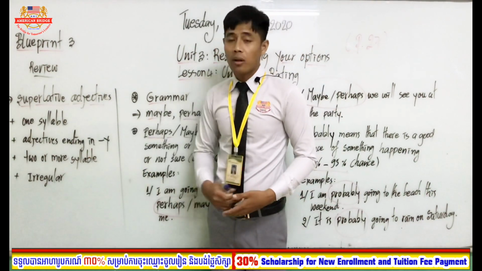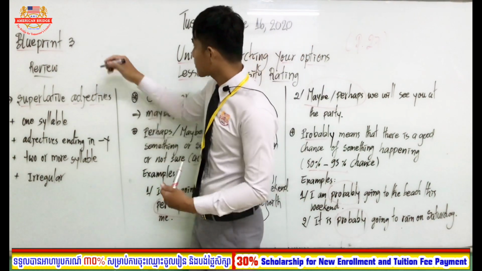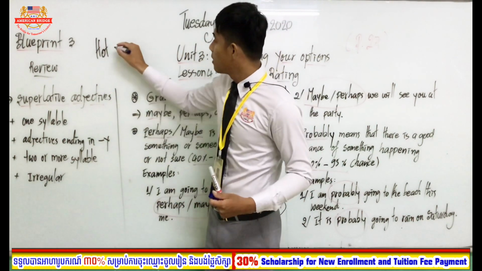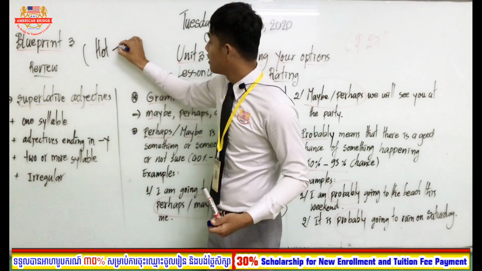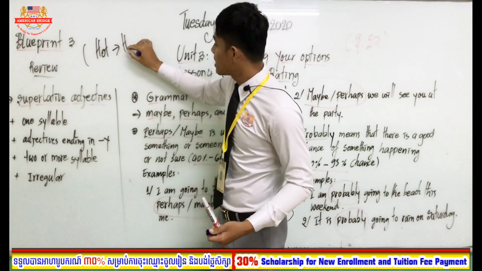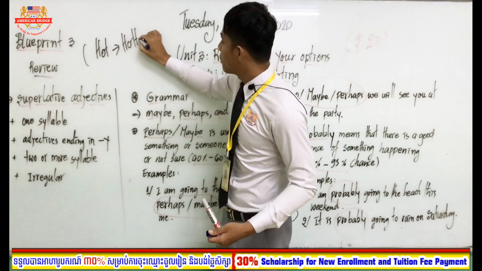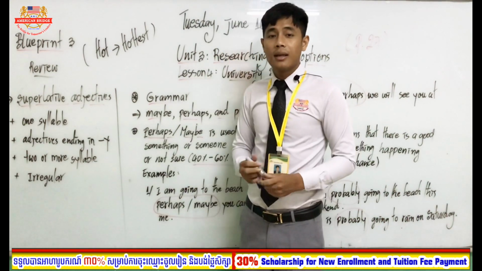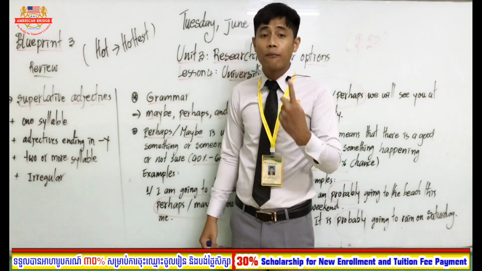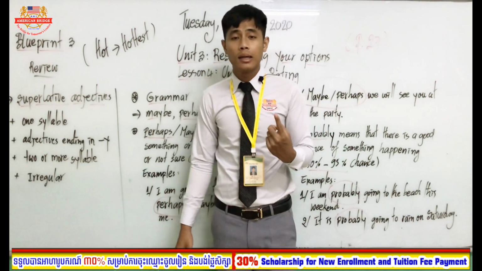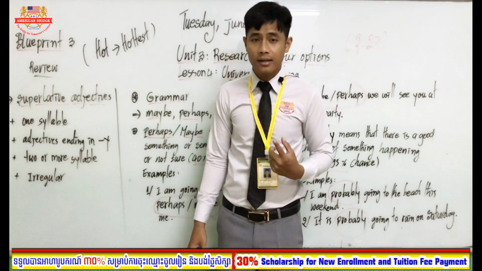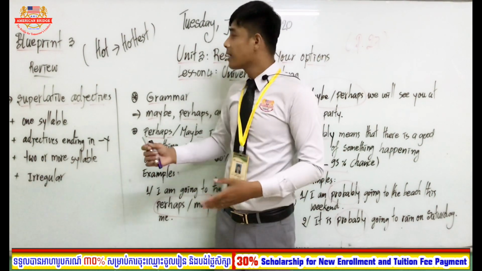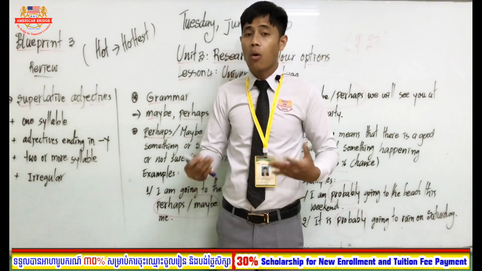For one syllable, for example the adjective hot, you add est to the adjective, so it becomes hottest. Adjectives like hot and cheap have one syllable, so we add est.